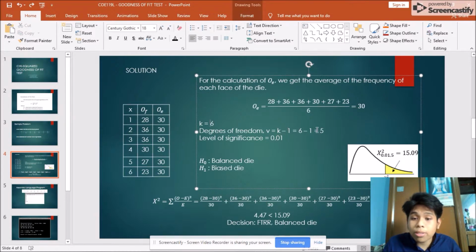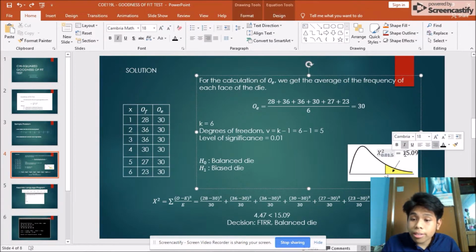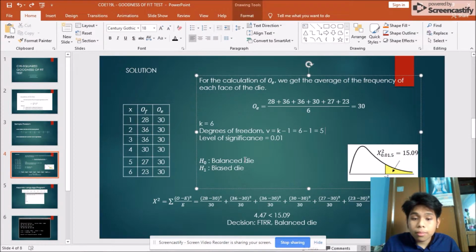So 6 minus 1 equals 5. The level of significance that we need to use is 0.01. If we find the chi-squared value of 0.01 significance with the degree of freedom 5, the result is 15.09.